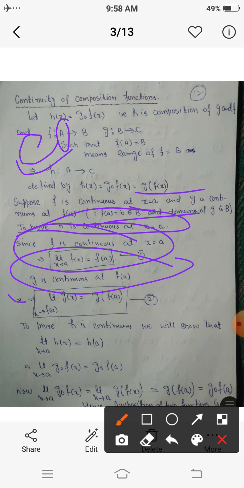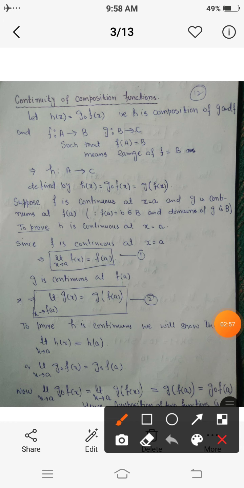Now we have to prove that h is continuous, that is, we need to show the limit as x tends to a of h of x equals h of a, because this means continuity at point a. Here h is defined as g of f.